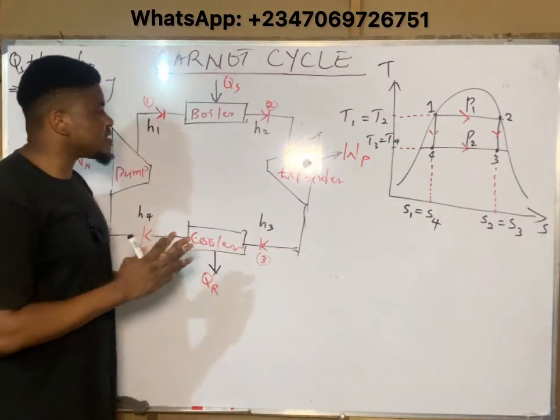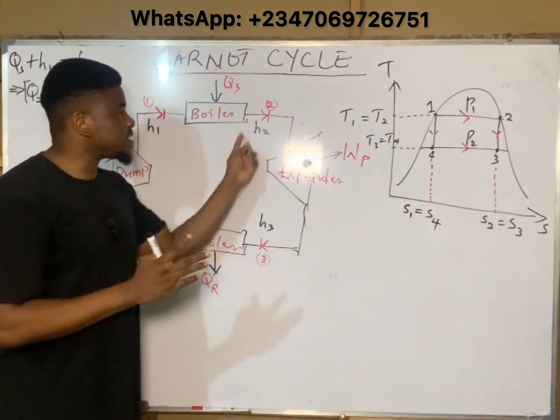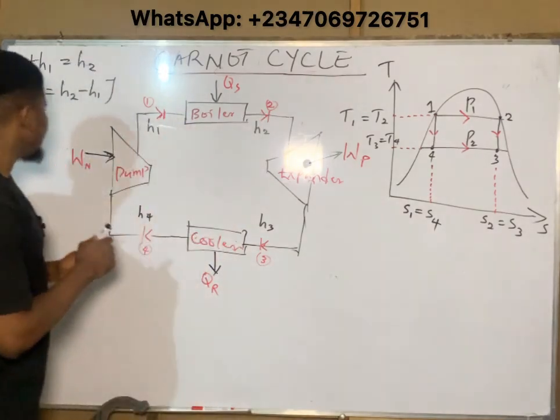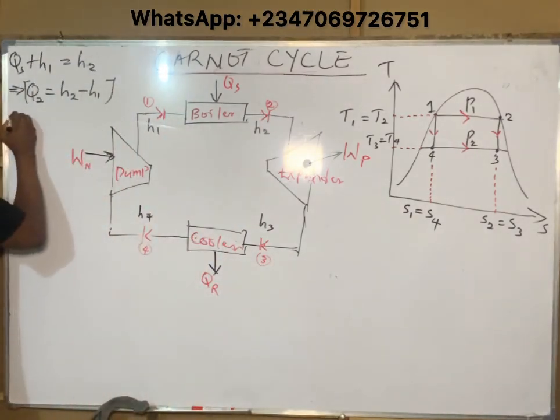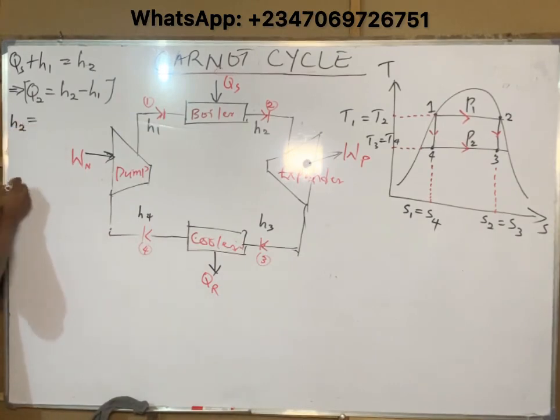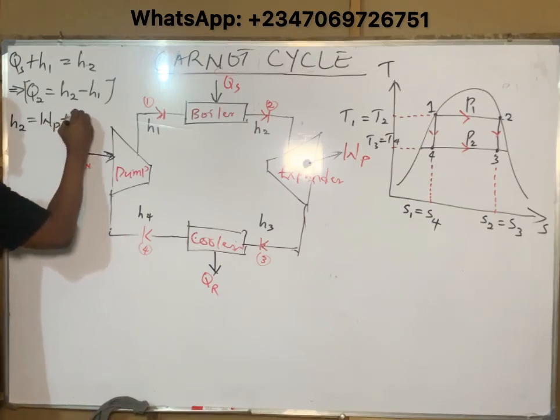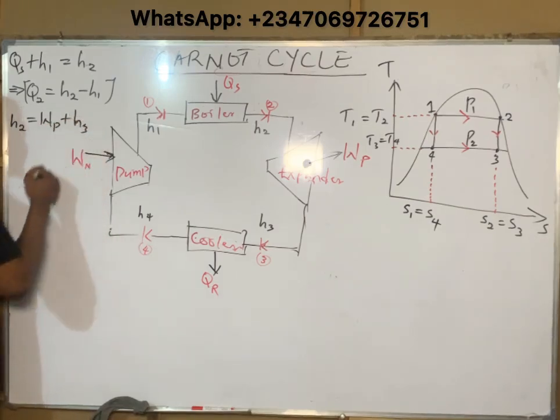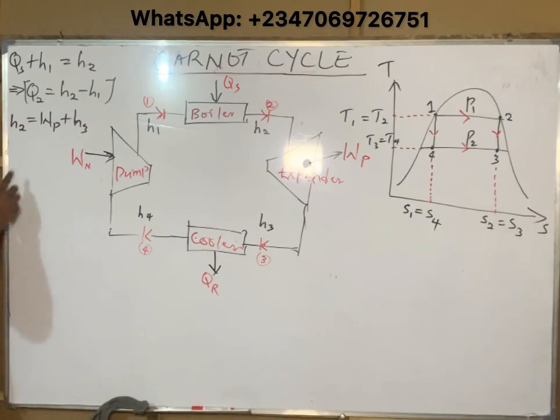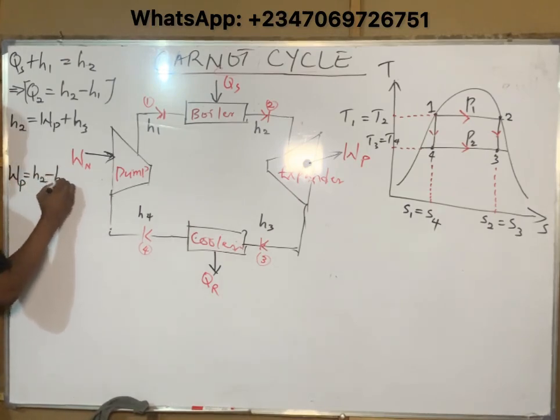So for the expander, I have H2 equal to my positive work leaving plus H3 leaving. So from here, I can make my positive work the subject of the formula. Then the work done by the expander, WP, is going to be equal to simply H2 minus H3.